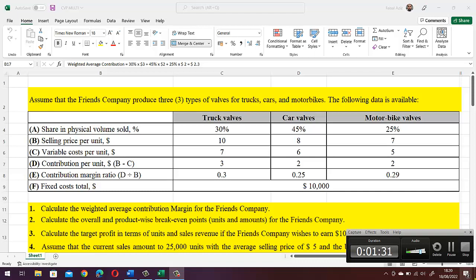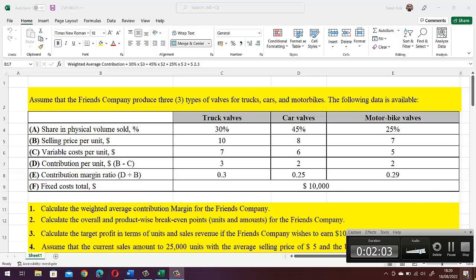Assume that the friend's company produces three types of valves for trucks, cars and motorbikes. The following data is available. In bullet points from A to F, the data is given, wherein there are some calculations which I have already performed, which will help us in the later part of our discussion.